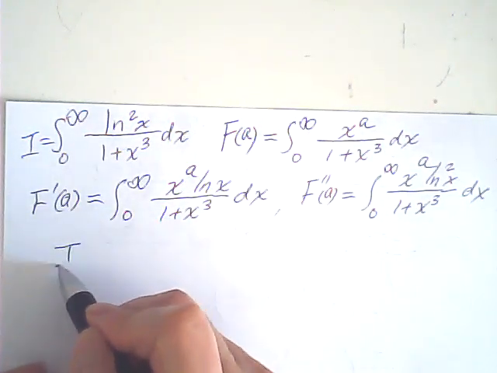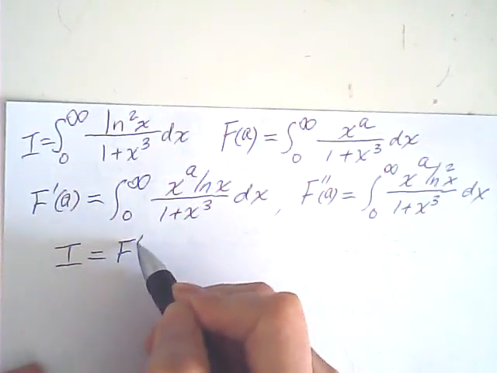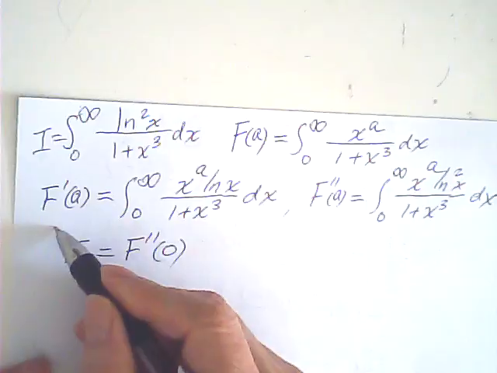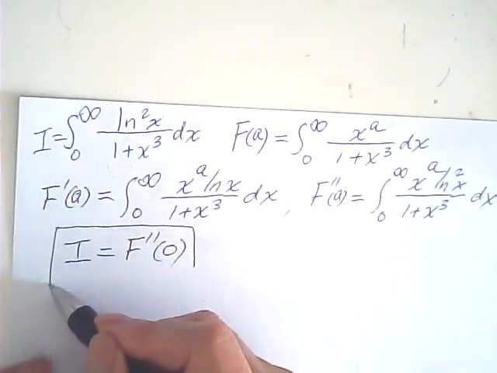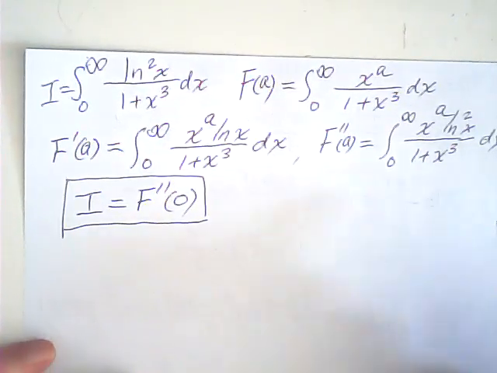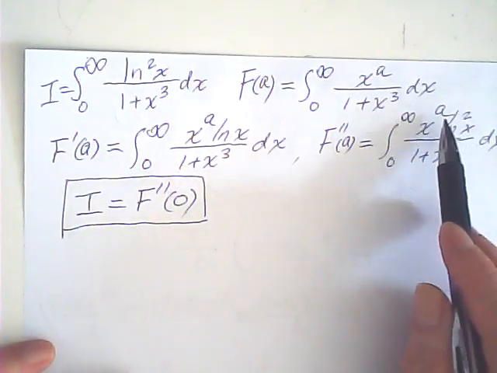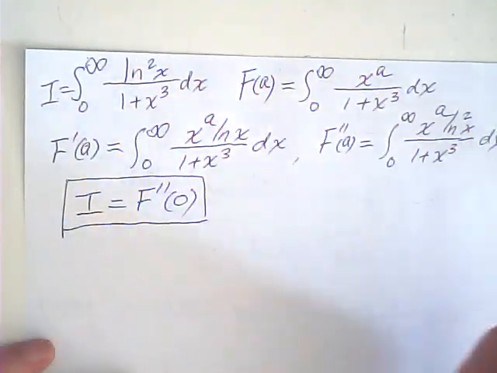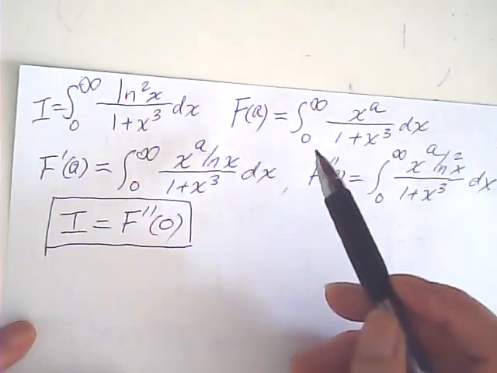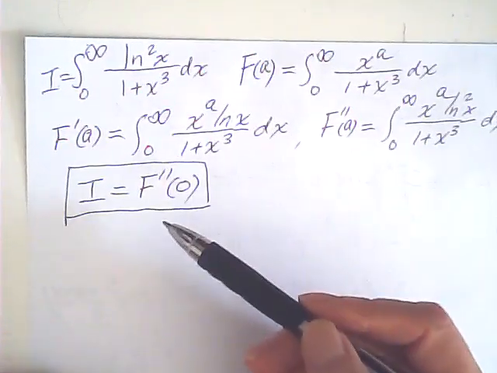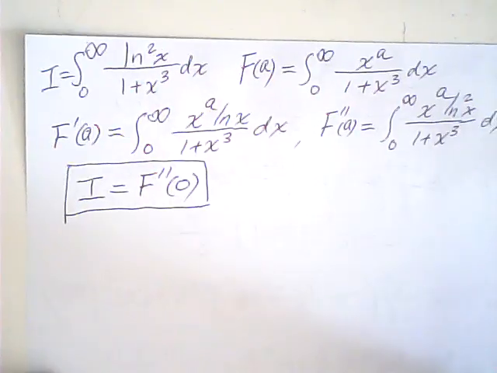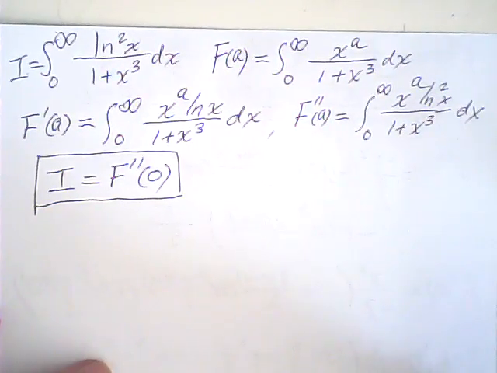So my I is f double prime at 0. That is the goal I want. So I try to find f of a, then take the second derivative, and then I find my I. This is the idea.